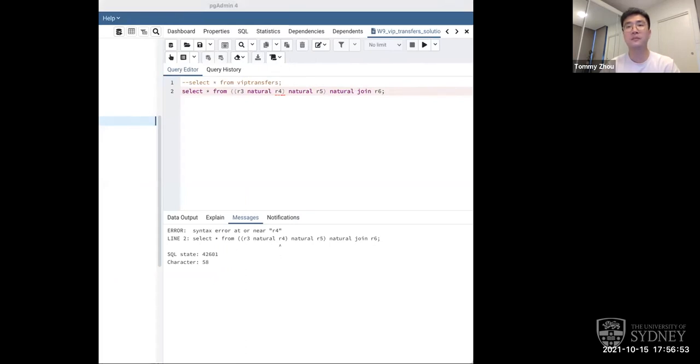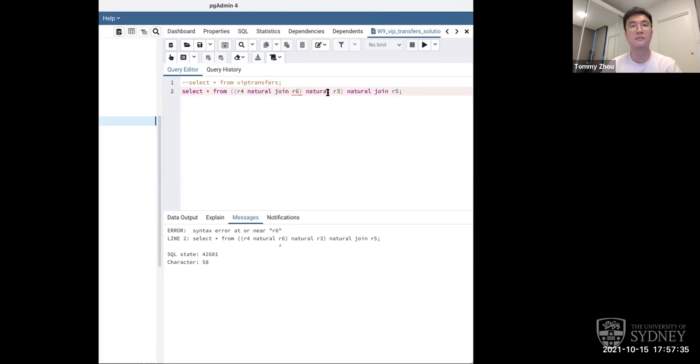So we have contact name in R4 and contact is also in R6. So what if we have R4 and R6 being joined together in the first place, and then natural joining with R3, I guess that'll be feasible, and also R5. What? Use the error in there. Oh, sorry. I guess that'll be the issue.